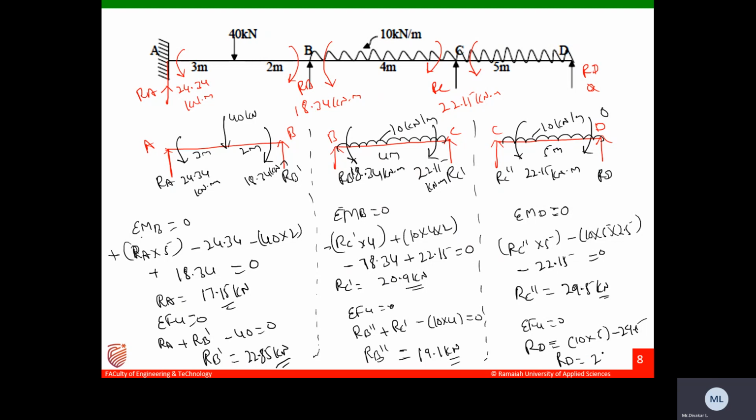RD equals to 20.5 kilonewtons. So this is RD. This is how we need to calculate the support reactions.